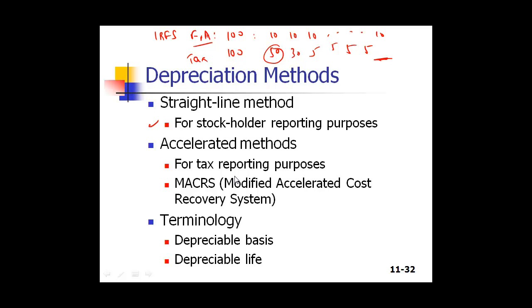So this is a fundamental point in business and in finance, that you can maintain legally a separate book for your accounting purposes and a separate book for tax purposes. Okay, why? Because some rules on the financial reporting side are different from the rules on the tax reporting side.